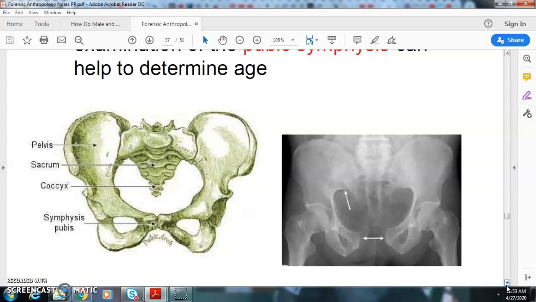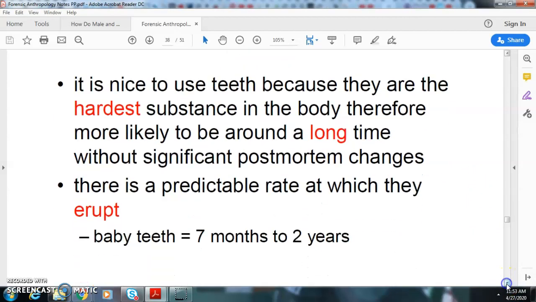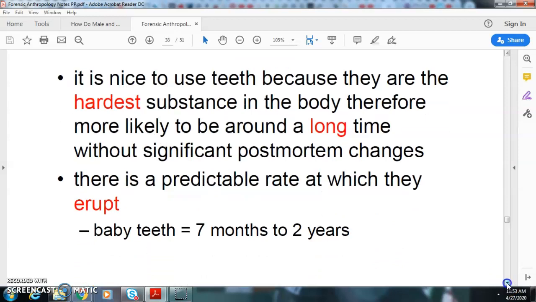And the pubis also can be used to determine whether it's a male or a female too, not just age. And we've done teeth already in here, so we have a good idea how to use teeth for aging an individual.